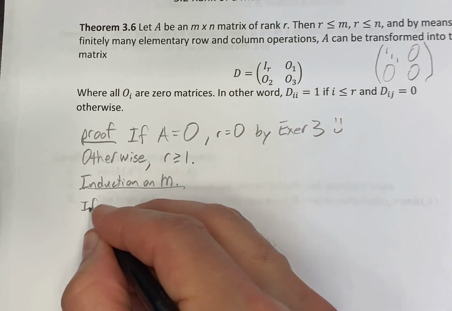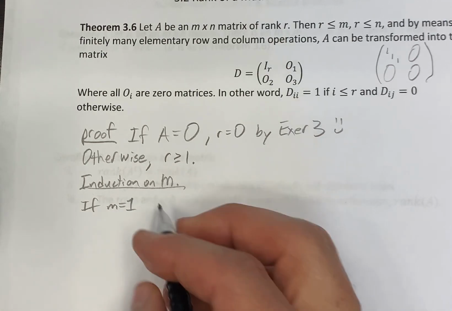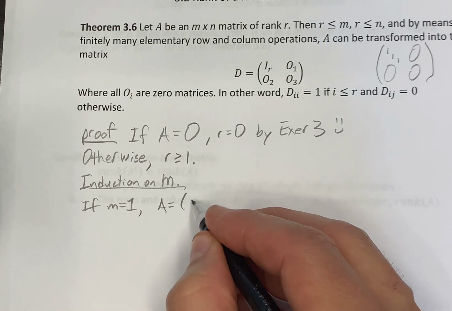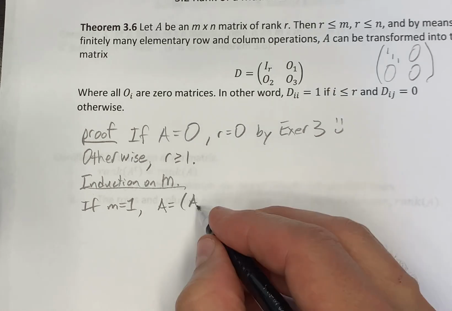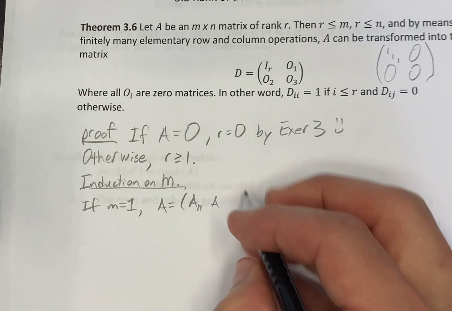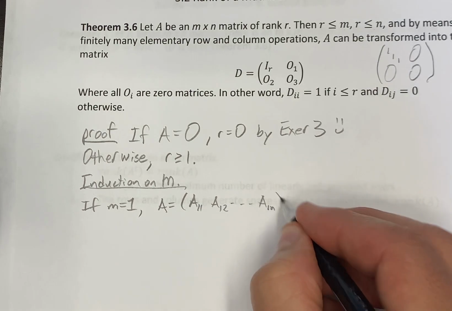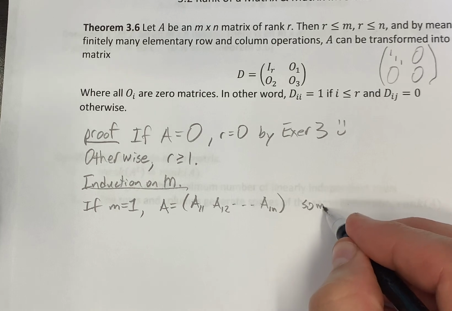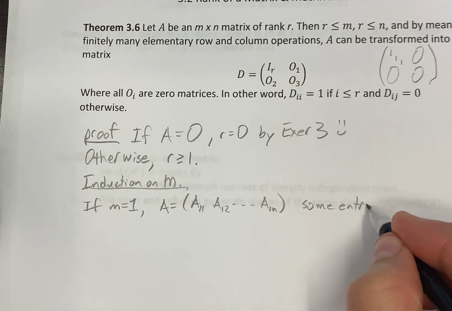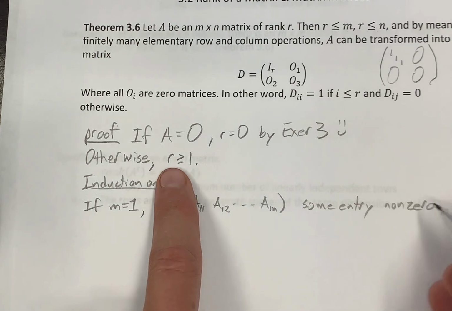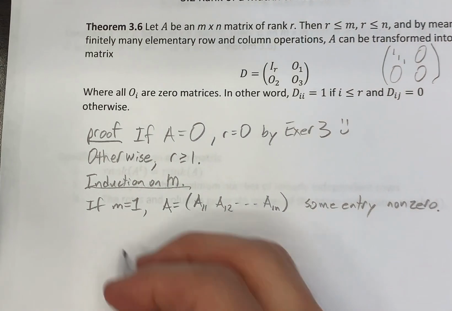So if m equals 1, the matrix is going to look like a list of entries: A11, A12, out to A1n. Some entry is non-zero, right? If it has rank greater than or equal to 1, something is non-zero.